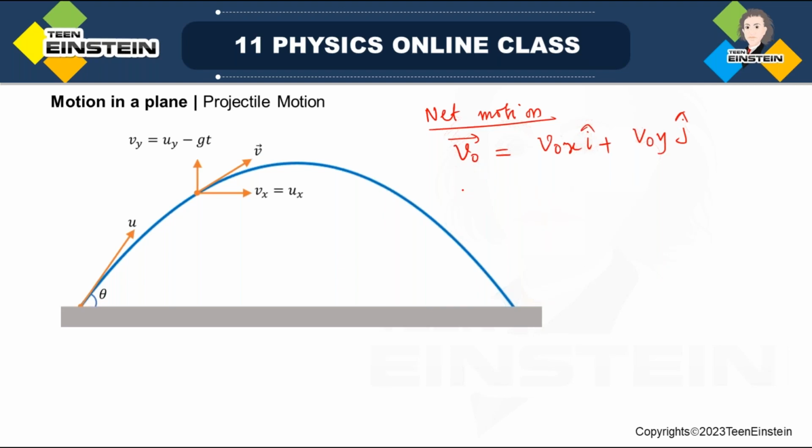And if you want to find out the velocity at any instant of time, what will be the velocity? The magnitude of the velocity at any instant of time t will be obtained from v0x whole square plus v0y whole square. So this will be the magnitude of the velocity vector at any instant of time.